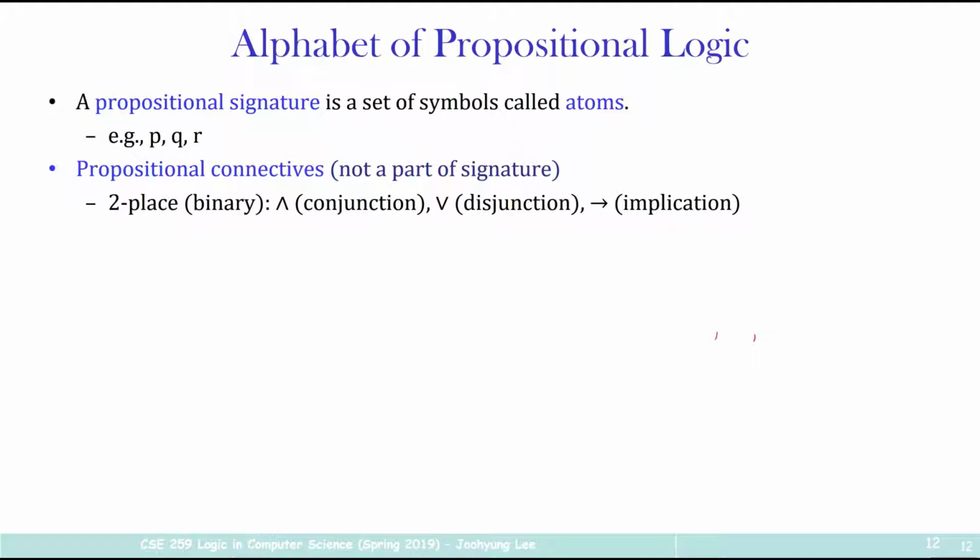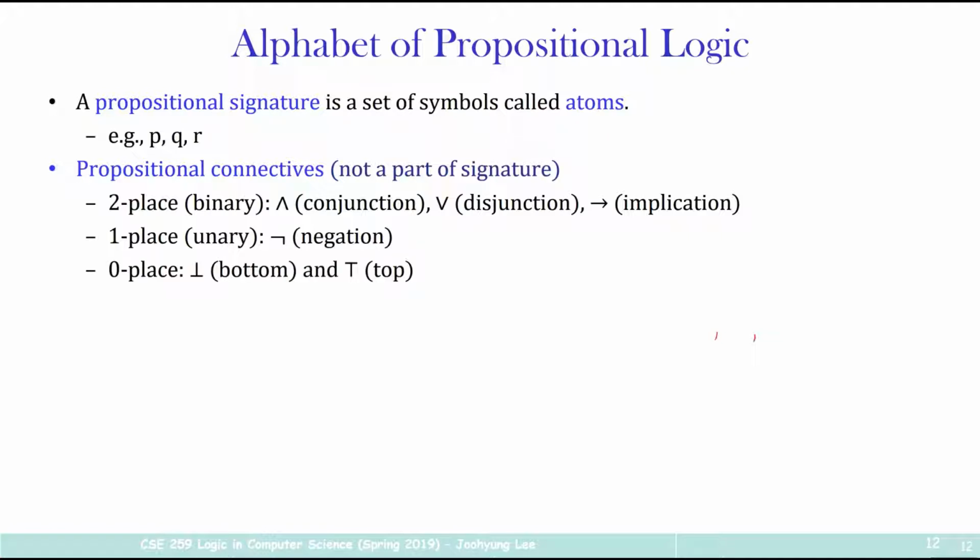Based on the number of arguments that these connectives can have, we can say binary, unary, or zeroary connectives. Binary means that there are two arguments. So conjunction, disjunction, and implication have two arguments. And the unary negation applies to one argument. There are also zero-place connectives called bottom and top.